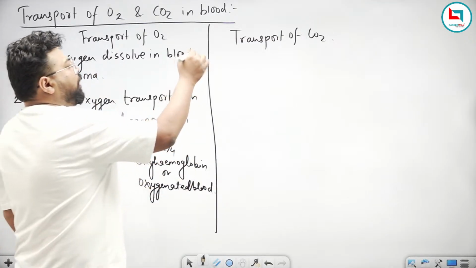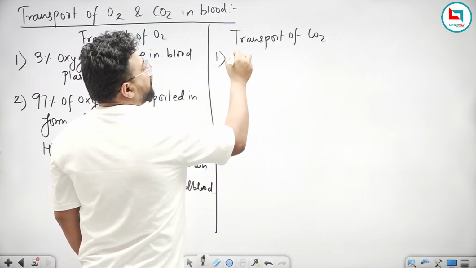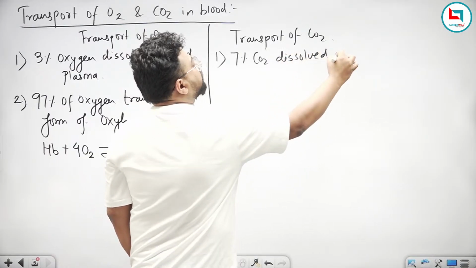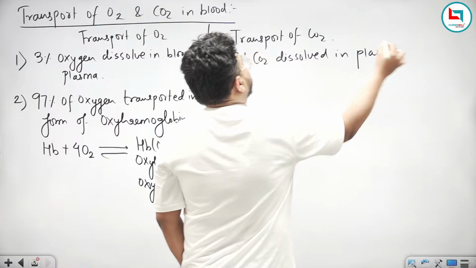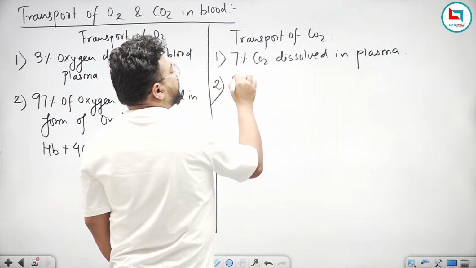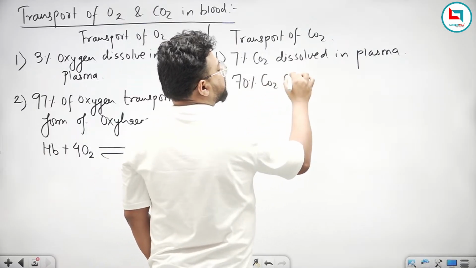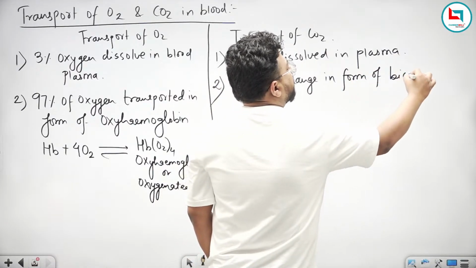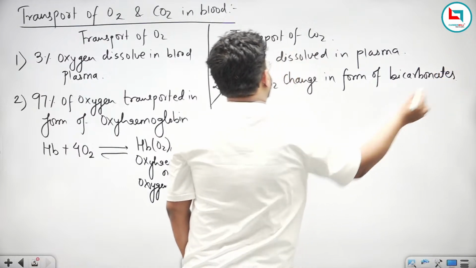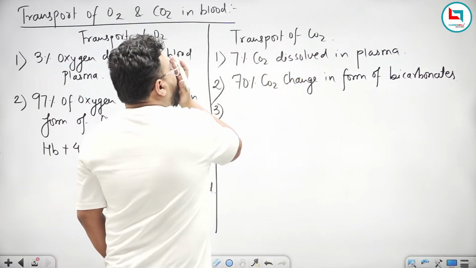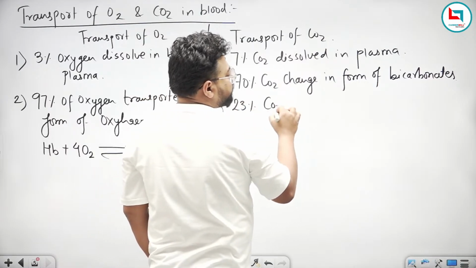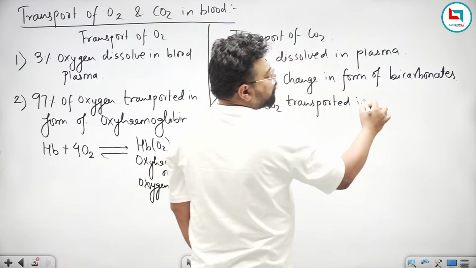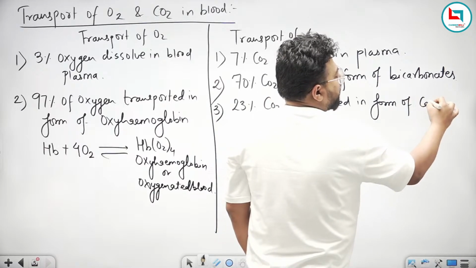Now, if we talk about the transport of CO2, 7% CO2 is dissolved in plasma, then 70% CO2 is changed into bicarbonates and gets transported, and 23% CO2 is transported in the form of carbamino hemoglobin.